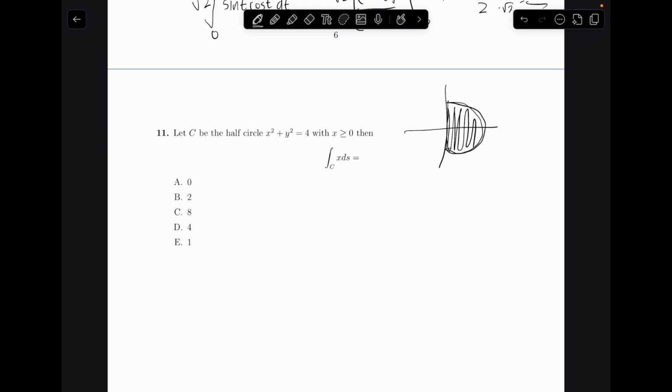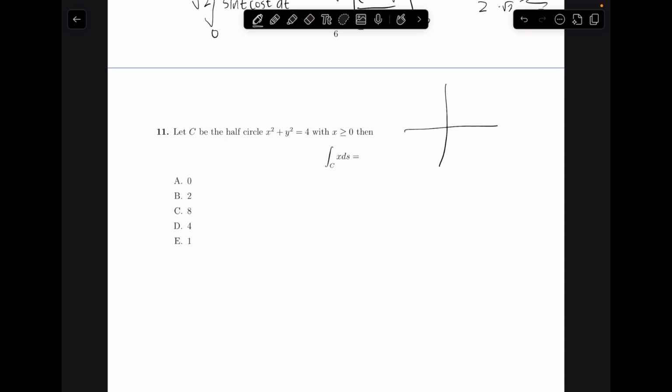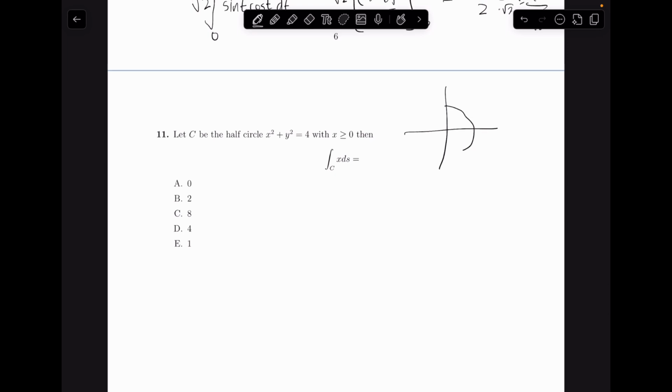Actually, I'm wrong. We need to not stay in that region. We're just focused on the boundary right here. I was confusing myself, but only the boundary here.